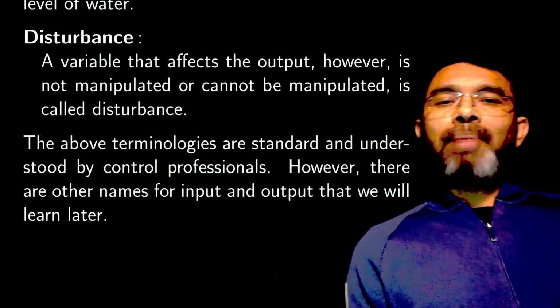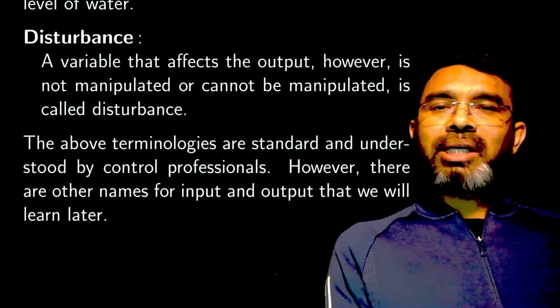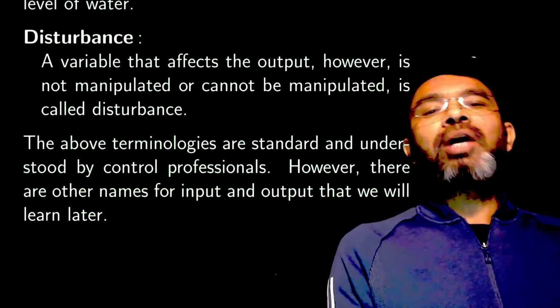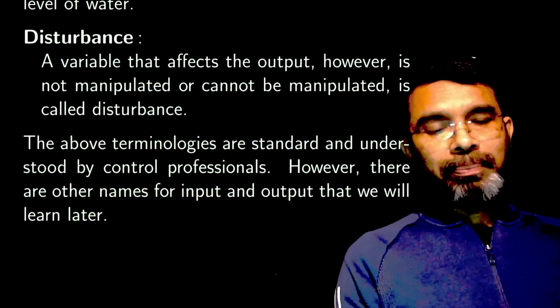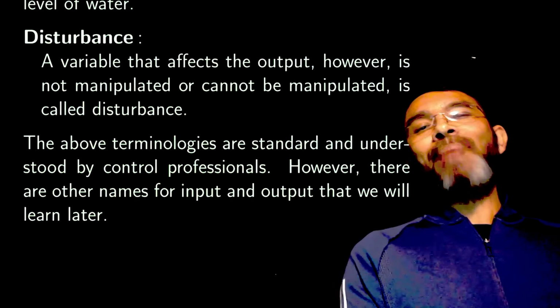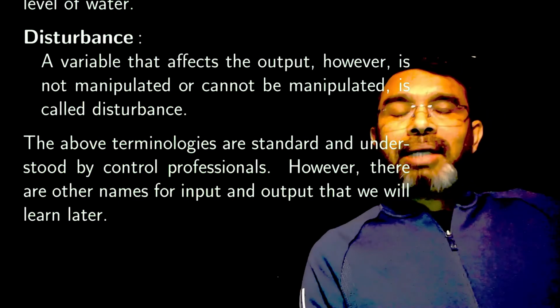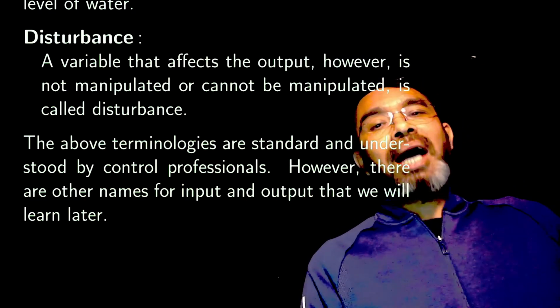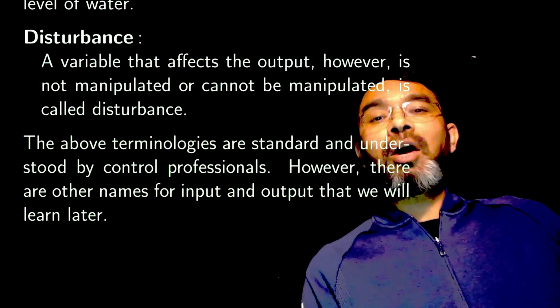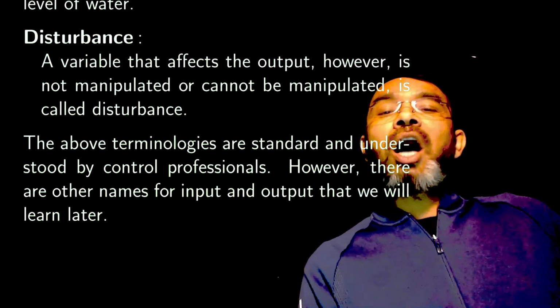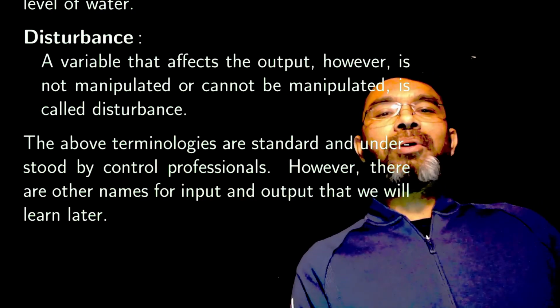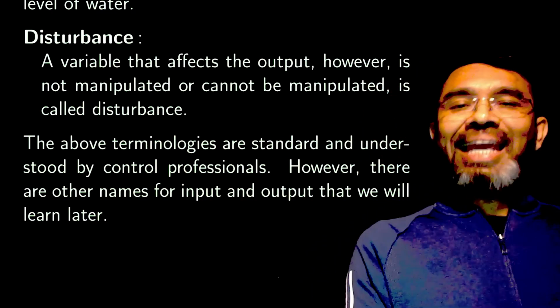So again, the terminologies we have: control objective. Every control problem starts with an objective. The objective is to maintain a variable at a certain point. That variable that is maintained is called the output. So that's the second terminology, output. And to maintain the output, we need to manipulate another variable, and that variable is called the input.